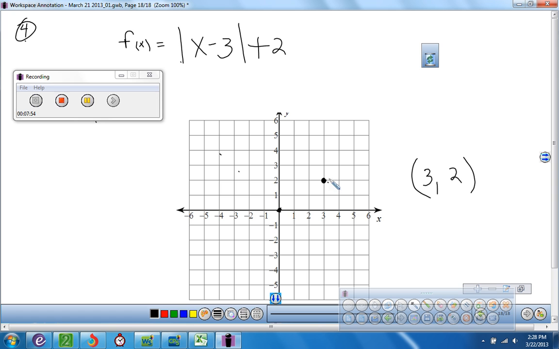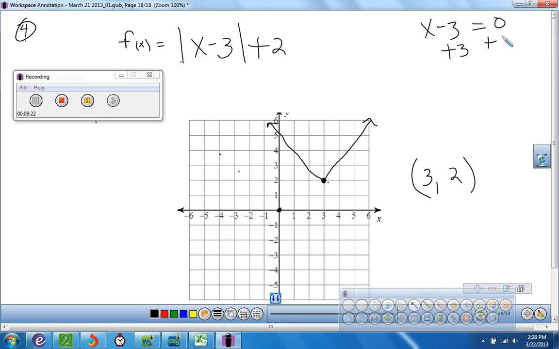And then we could plot points, but we know that we should get our little V shape going. So we should have a graph that looks like this. And if we wanted to check, where the absolute value is 0, we could plug in 3, that becomes 0 plus 2. So we're good. So that's our vertex. Now to write it as a piecewise, we're going to say, when is the absolute value part 0?